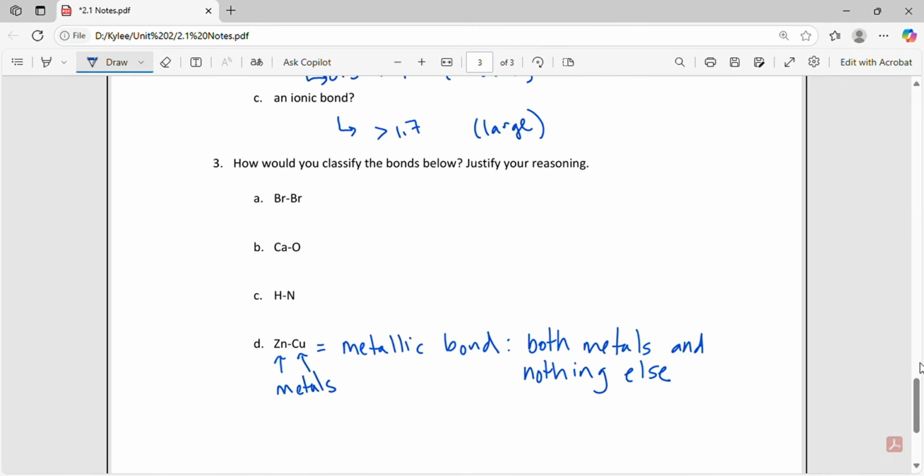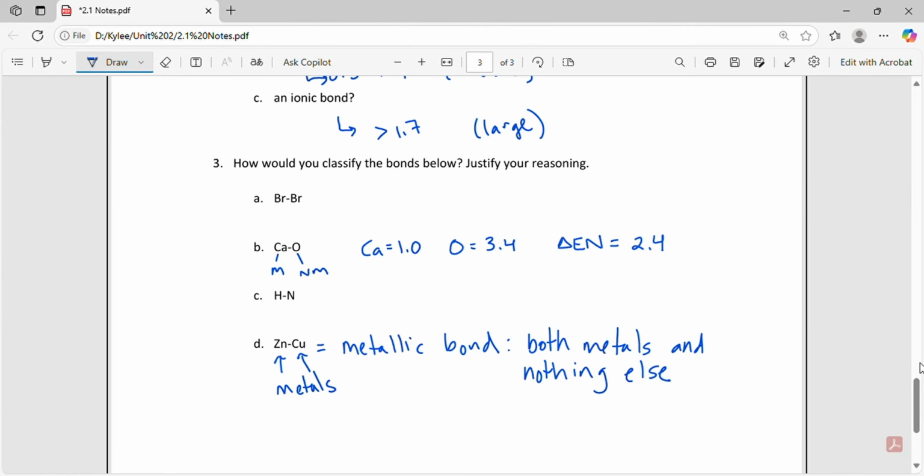Next, I'm going to come up to letter B, because automatically I recognize that I have a metal plus a nonmetal. That to me makes me think this is ionic, but just to be on the safe side, we could also check the electronegativity difference. Calcium's electronegativity is 1. Oxygen from earlier was 3.4. So if I subtract those two numbers, I get a difference in electronegativity of 2.4.